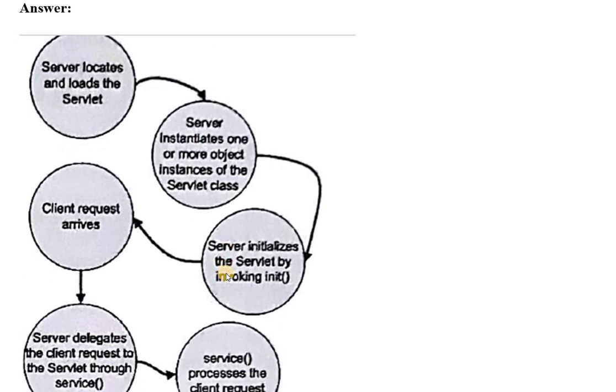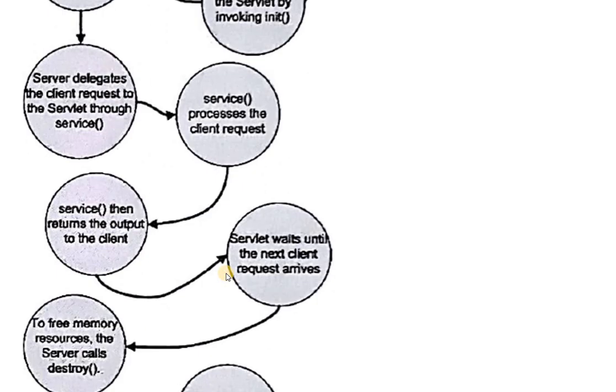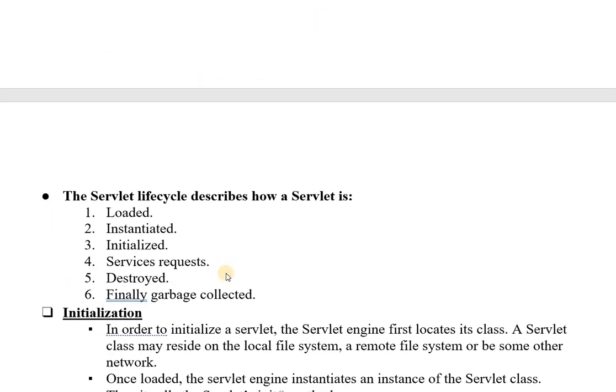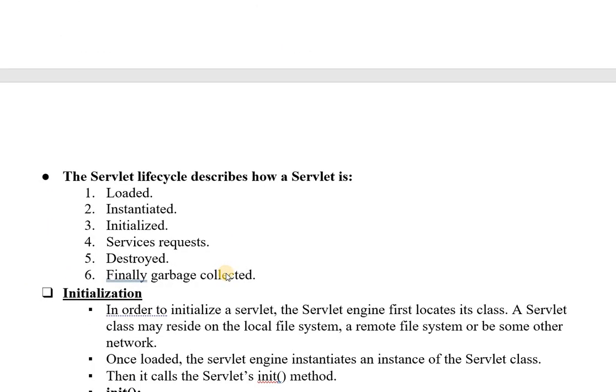So what is the entire process? How does the server initiate everything? Let us start with the concept first. The servlet is loaded. Then the instance of the servlet is created. Once the instance is created, the initialization process starts.